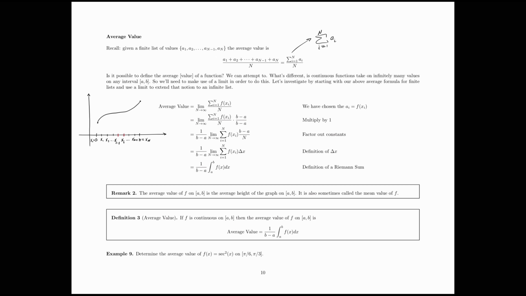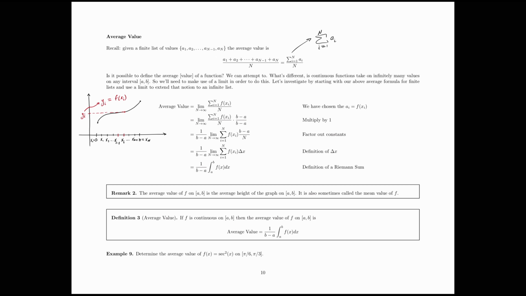So really what we're doing is we're just adding these values up. Not the x values, but the y values. So if we think about this, we want to figure out what this y value is. Well, y sub i is the same thing as f of x sub i.